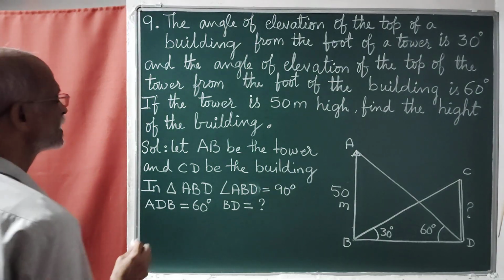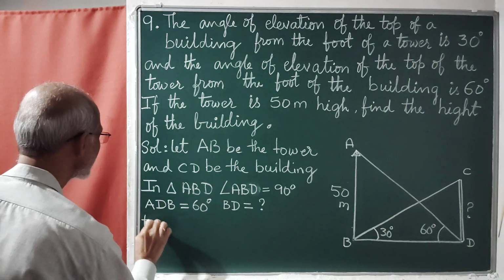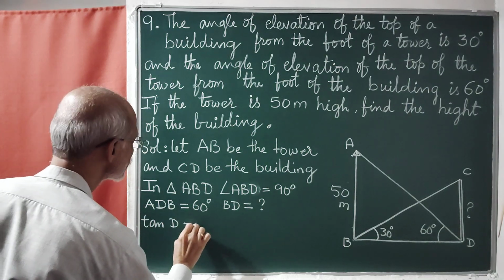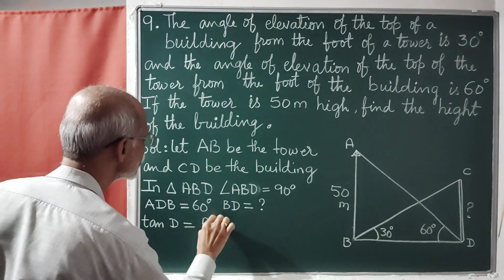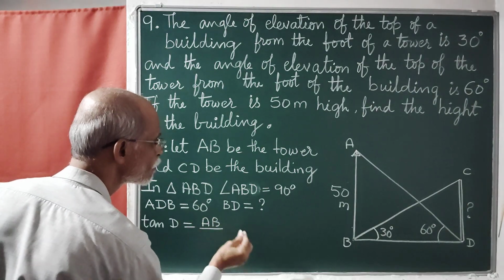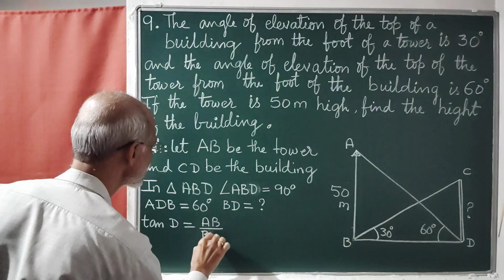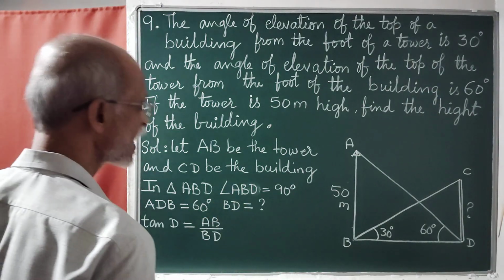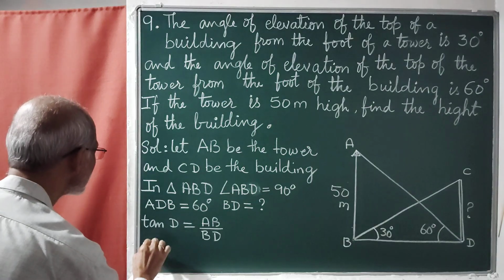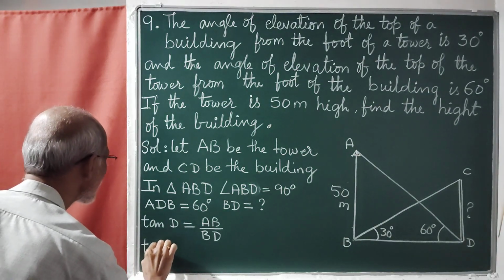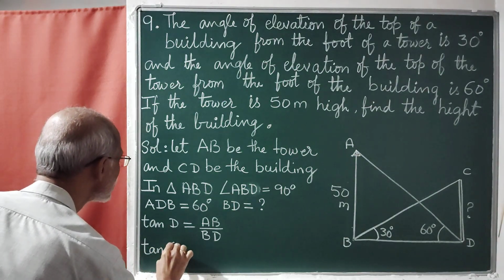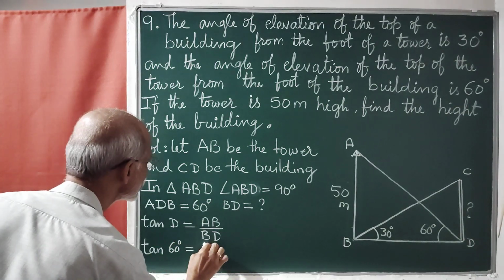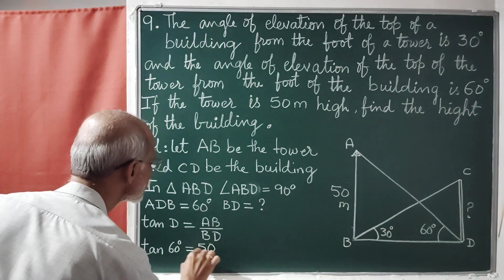So tan D will be equal to opposite side AB by adjacent side BD. Tan D means tan 60 degrees. Tan 60 is equal to AB, AB is 50, 50 by BD.